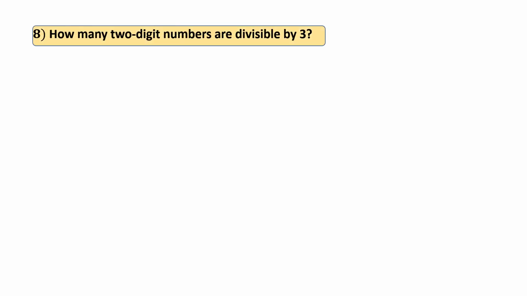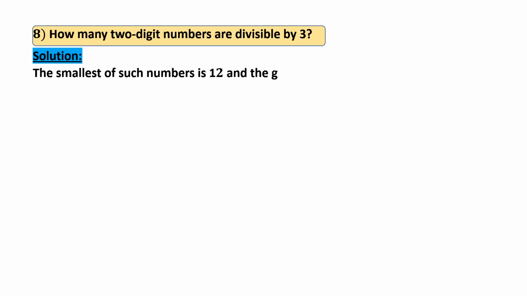Let us go to example 8. How many two-digit numbers are divisible by 3? The smallest of two-digit numbers which are divisible by 3 is 12 and the greatest is 99.